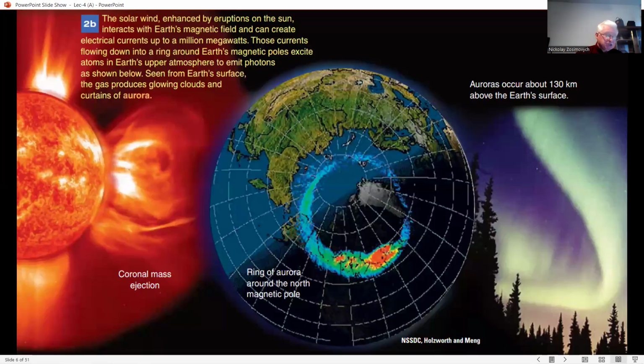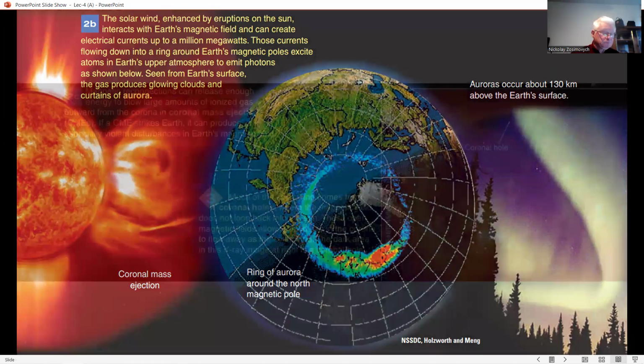Also, these eruptions occur far from Earth, and they can affect us in dramatic ways. A coronal mass ejection, CME for short, can trigger communications blackouts and auroras.